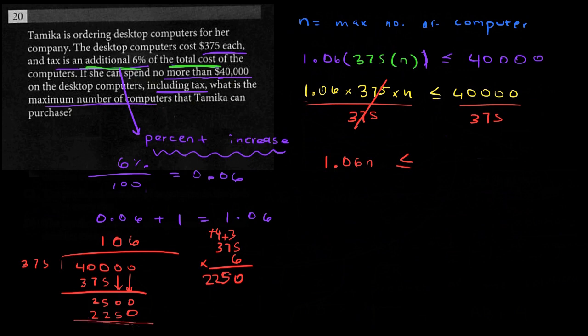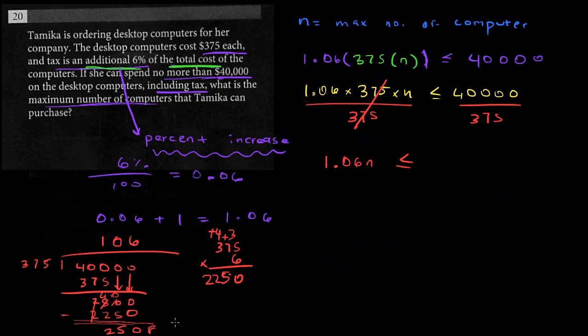If I subtract this now, I get 250, so the remainder when I divide 40,000 by 375 is 250.